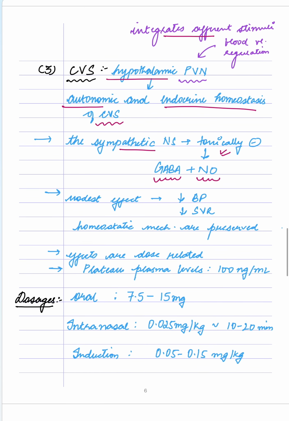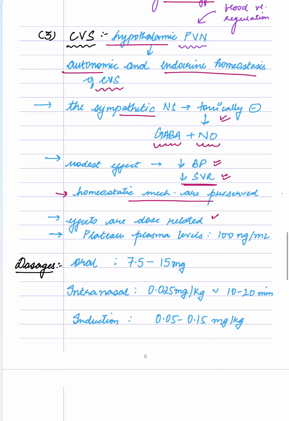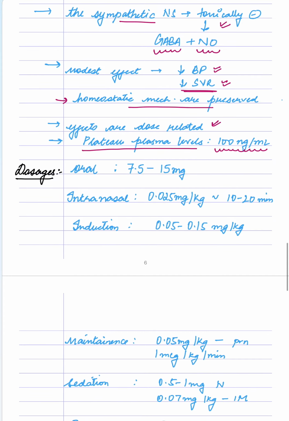So when we give midazolam to the patient, we observe a modest decrease in blood pressure secondary to a modest decrease in systemic vascular resistance. But the homeostatic mechanisms are still preserved. These effects are also dose related, but there is a plateau plasma level. Beyond a level of 1000 nanograms per ml, if we give midazolam, there won't be any further increase in these hemodynamic effects.